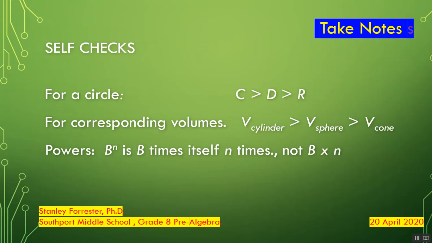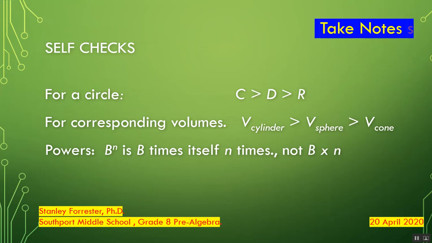Self-checks. One of the most important parts of learning any skill is learning enough to be able to self-correct. Here are a couple of suggestions. Come up with your own, and talk to me about your own self-checks, things that say, hey, I know this answer isn't right, and here's why. For a circle, the circumference is bigger than the diameter, and the diameter is bigger than the radius.